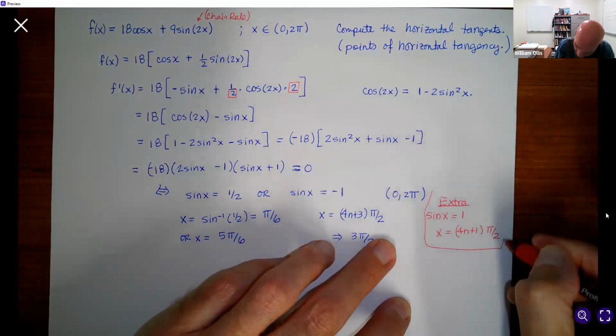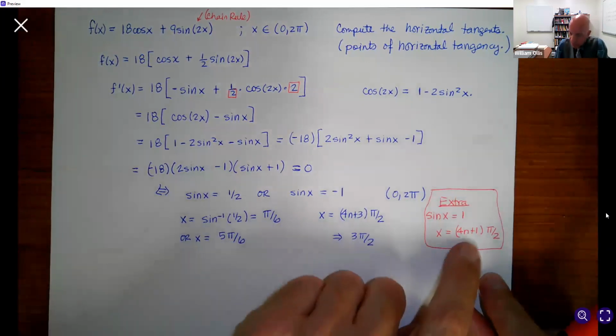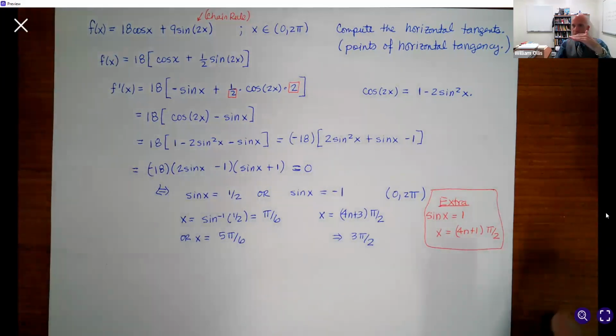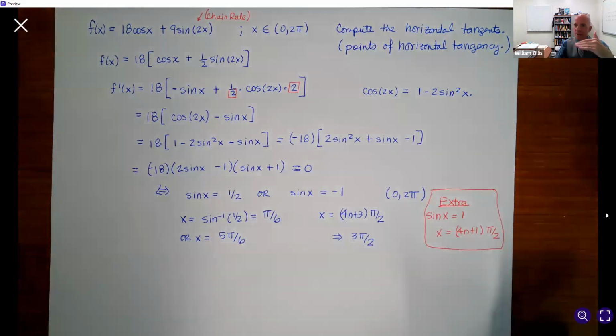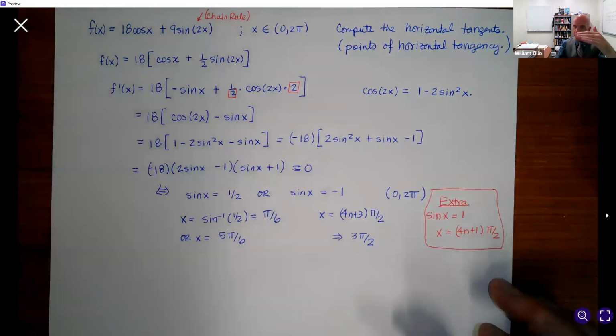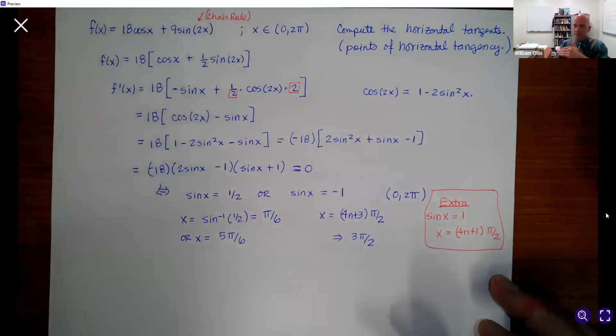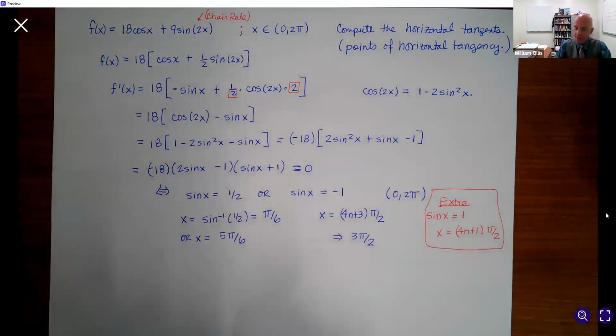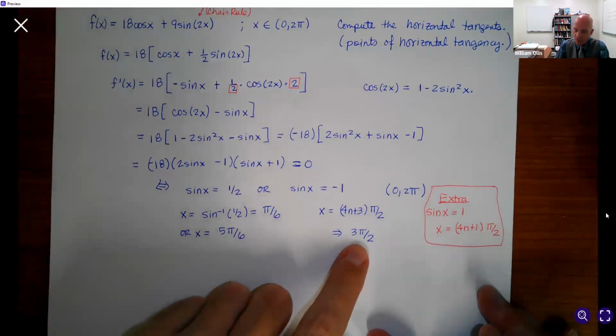So we have the congruent to 1 mod 4 multiple of pi over 2. That gives you the 1, the 5, the 9, the 13, etc. Here, you've got the 3, the 7, the 11, the 15, 19, etc. And then, of course, you can go into the negative values. So that's just using the unit circle.